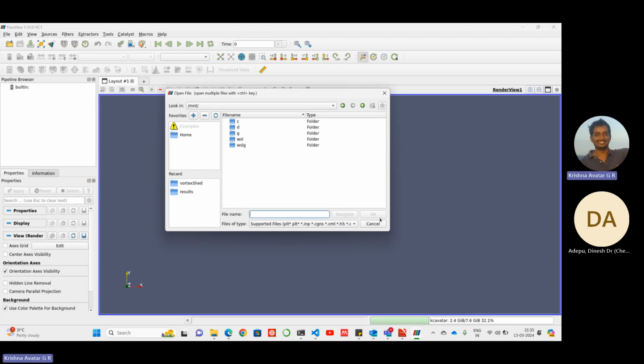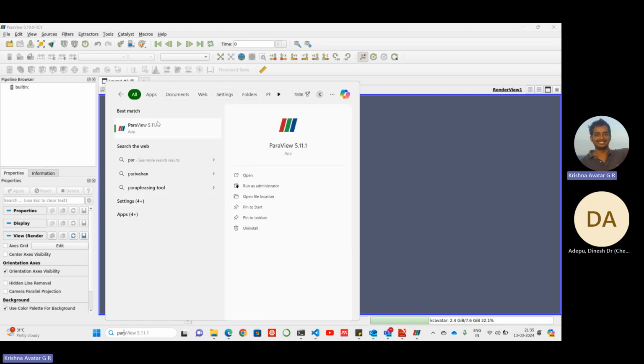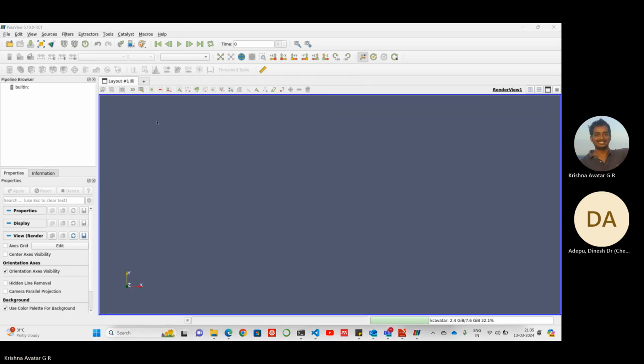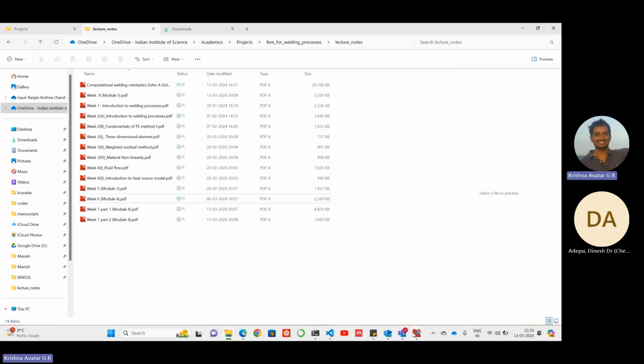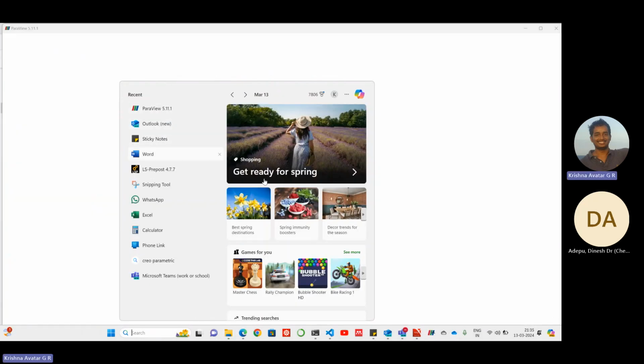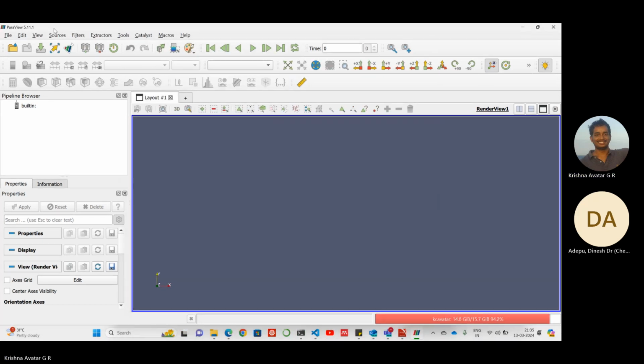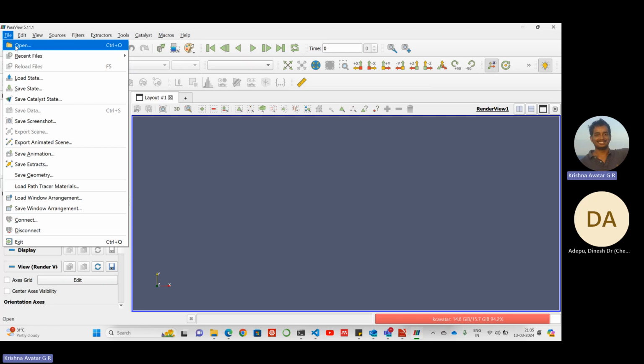Oh, come on, I think this will take much longer, so why not use Windows? This ParaView is the Ubuntu version, so I have launched the Windows version. Let's see how long it takes. Yeah, it's found. Okay, so this is the Windows version, so here it should be faster.